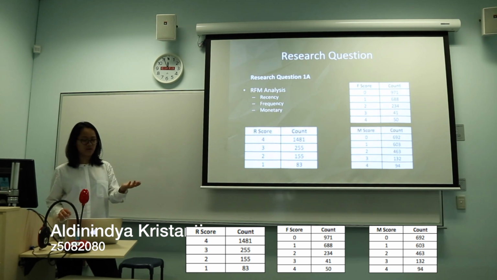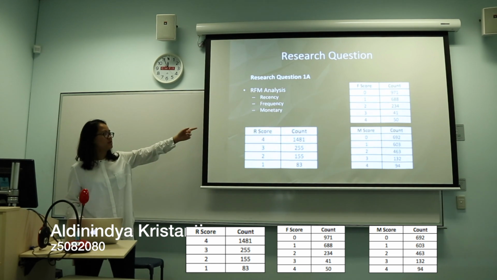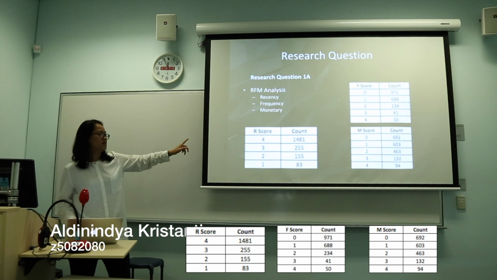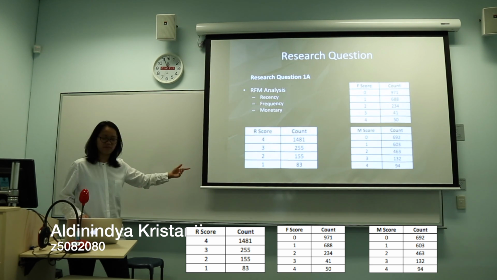We can also see that in the F score table, most people haven't made that many transactions with the merchant member, but that might be due to the fact that most of the transactions were made in the last 3 months before the data was taken.